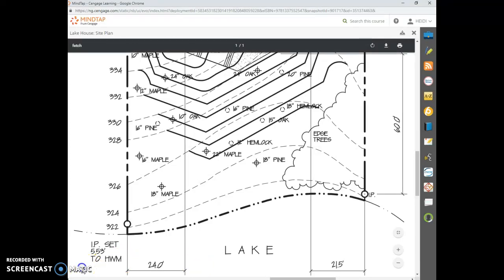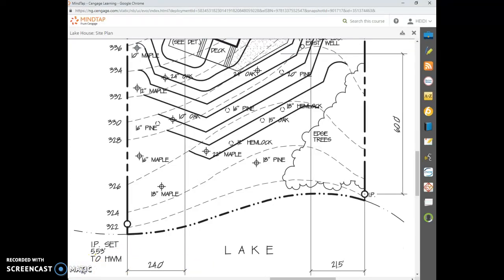The next question asks, how many trees are indicated for removal? If you look on page 61, under clearing the site, the textbook talks about trees that are to be removed and trees that are to be saved. When trees are to be saved, they're shown on the plot plan by a symbol and a note indicating their diameter, and the symbol is shown in figure 9-4.